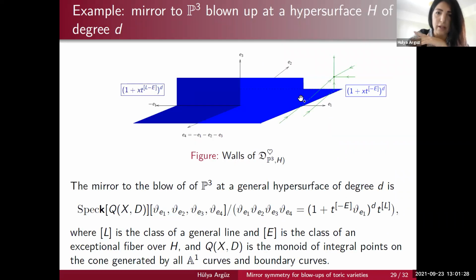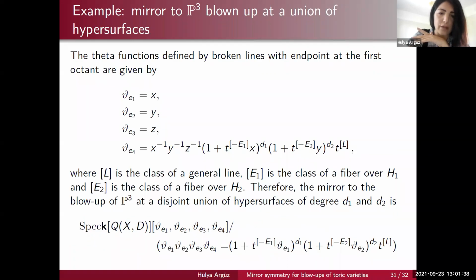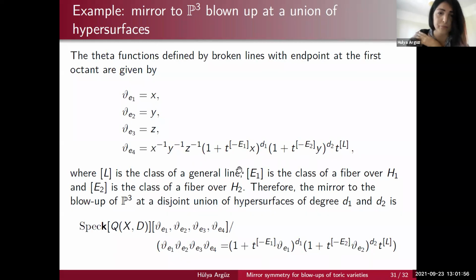And if you want to write your theta functions, that will be the only wall you're crossing. So I wrote the mirrors in these cases, obtaining explicit equations for mirrors if you blow up disjoint unions of hypersurfaces along boundary divisors of P3, by observing that there's some nice accumulation of the walls that you need to add.